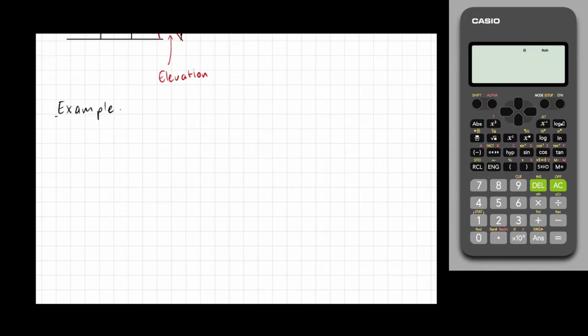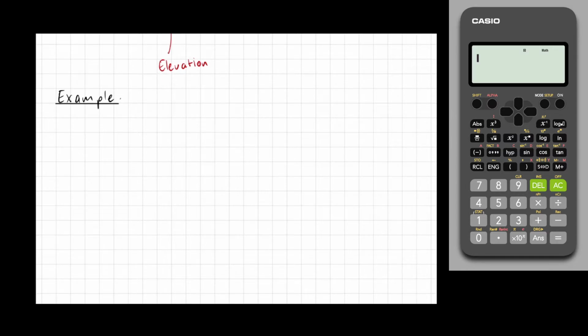Let's say we have two buildings. And here's Google's building. Let's make it MySpace. No, you guys probably actually don't know what MySpace is. Let's make it Facebook. Okay, here's Facebook's building, and it's 158 meters tall.